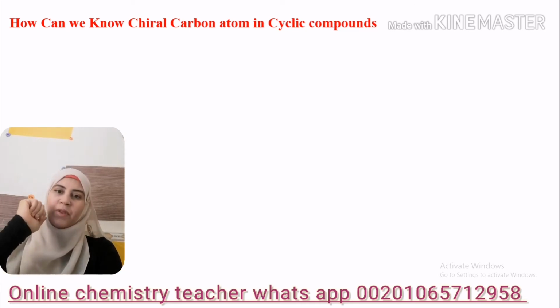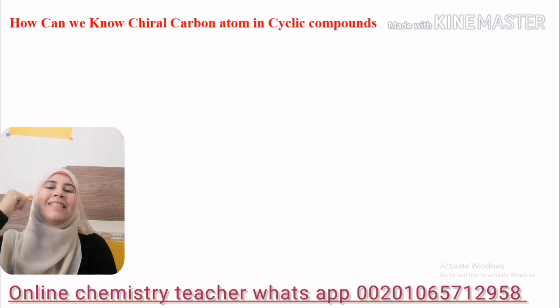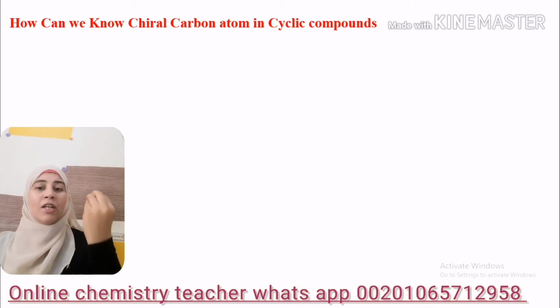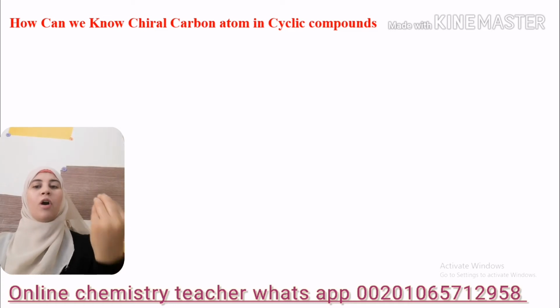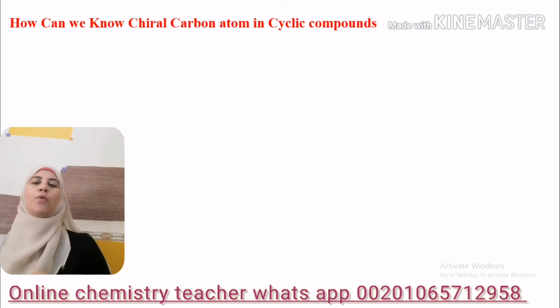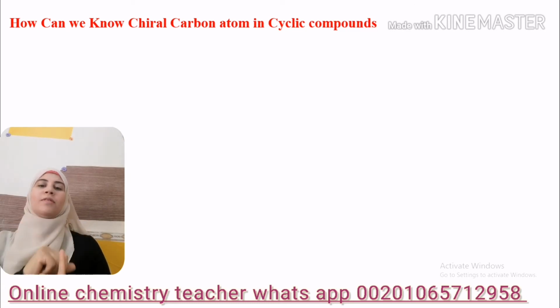At first, you must cancel any carbon atom that contains a double bond, because we need the chiral carbon atom to be surrounded by 4 different atoms or groups. So at first, cancel any carbon atom with a double bond.